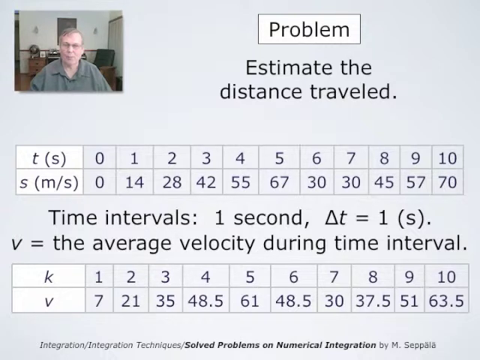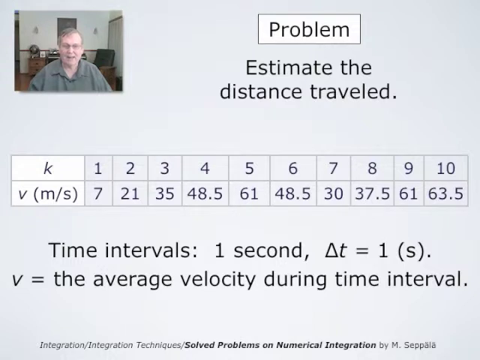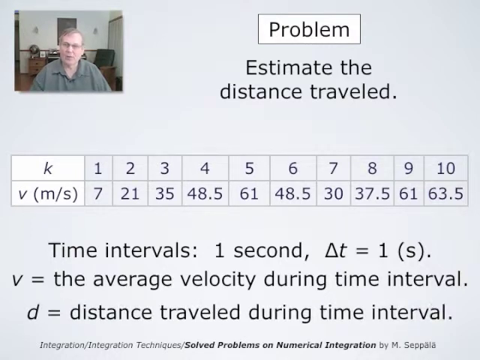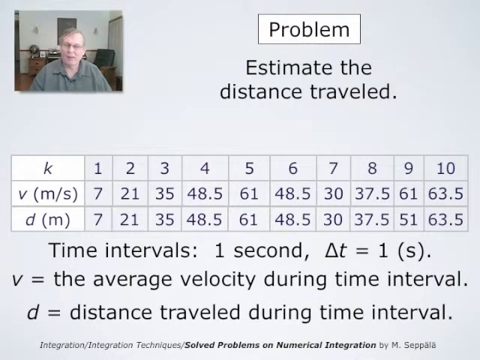Now we have computed time intervals and average speeds, and using this average velocity, it is easy to estimate the distance traveled during that particular time interval. In numbers it is the same, because speed is given in meters per second and the time interval is 1 second. So during the first time interval, the car travels 7 meters, during the second time interval 21, and so forth.